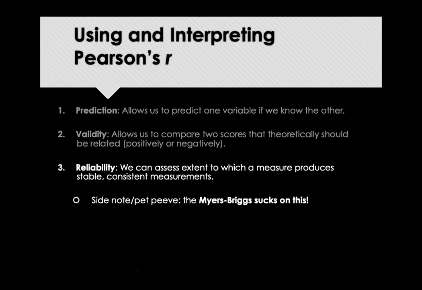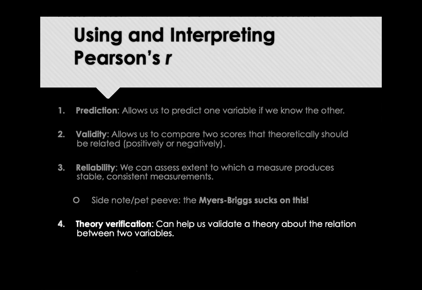Okay, and then finally, theory verification. Correlations and Pearson's R can help us validate theories that say two variables should be related. There may be a theory, for example, that says depression is very related to rumination, right? There's a cognitive theory of psychology that says those two things go together.